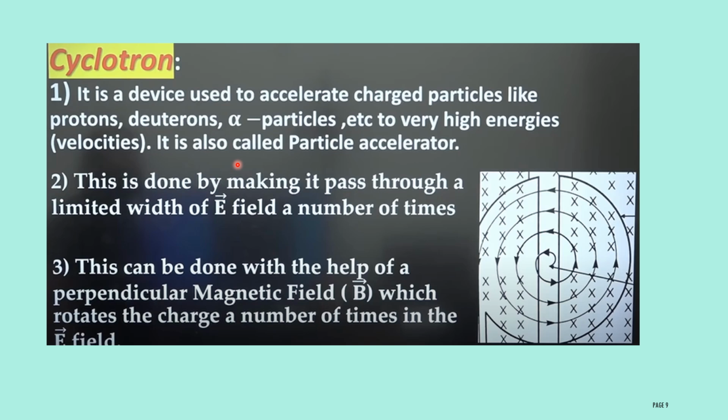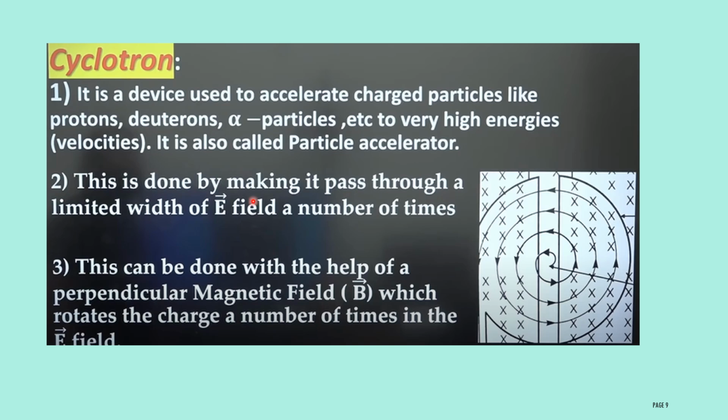But you can't keep the charged particles going over a longer distance. Then you have to make an arrangement like that. You have to apply an electric field to the charged particle because it has to increase its velocity. Then you have to make that charged particle change its direction continuously after traveling some distance.